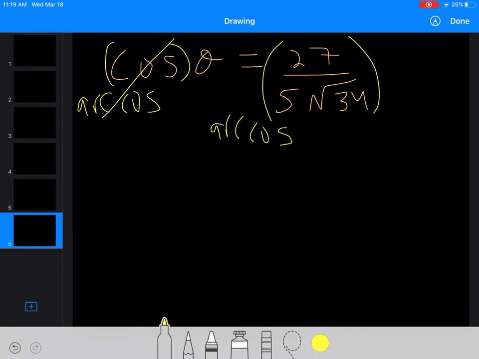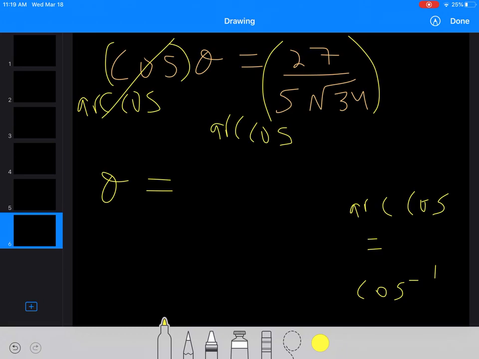That's going to cancel the cosine, and you get theta by itself. Remember, in your calculator, the button you're going to use for arc cosine is that cosine inverse button. And also just double check your calculator has to be in degrees in order for this to work out.